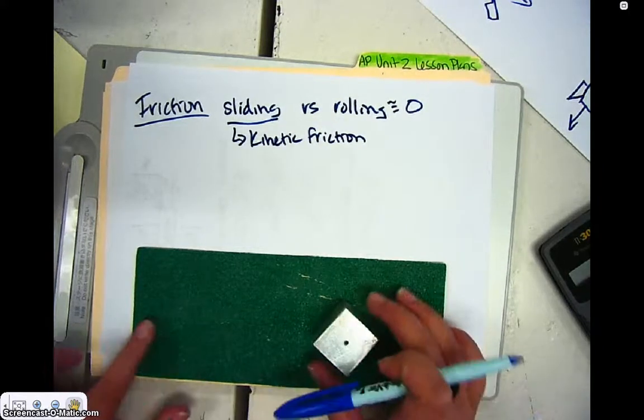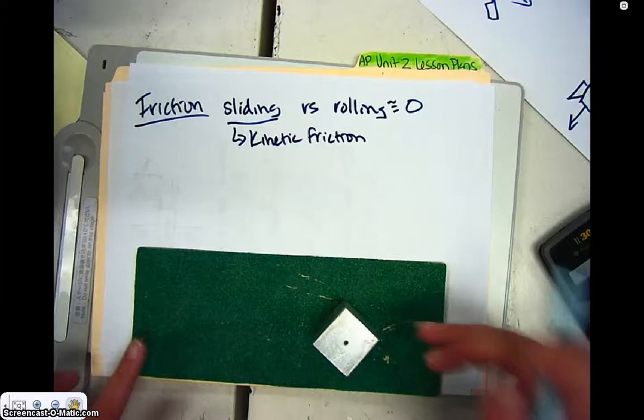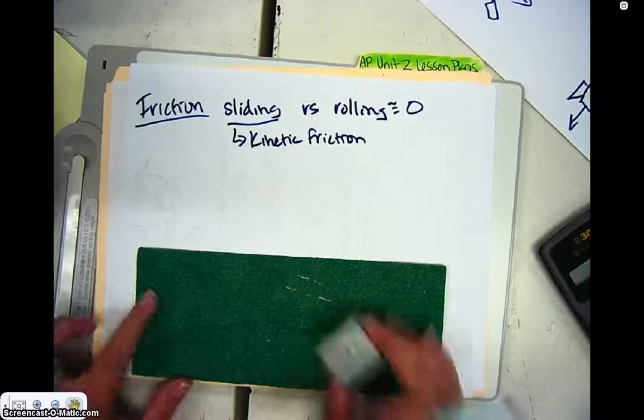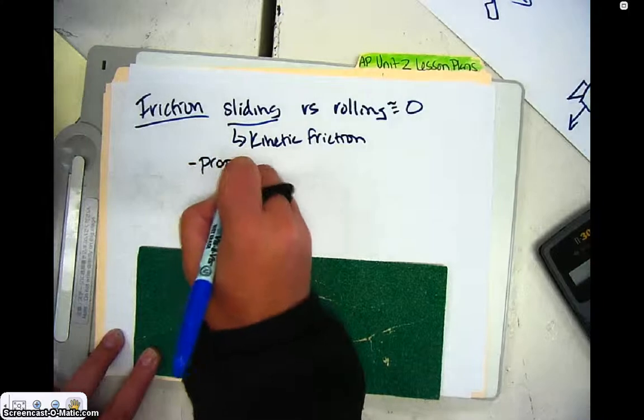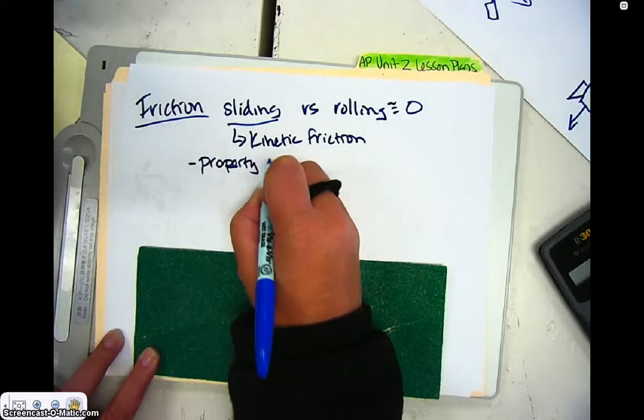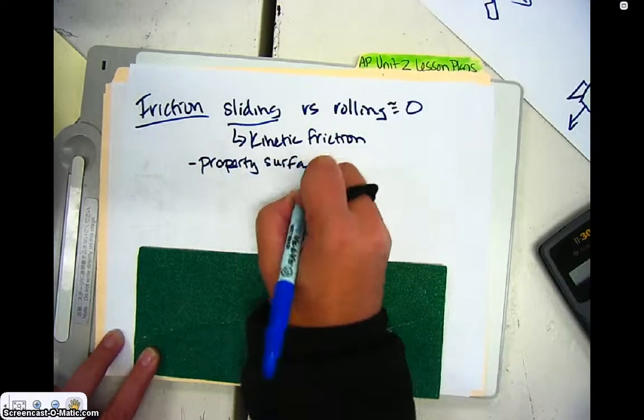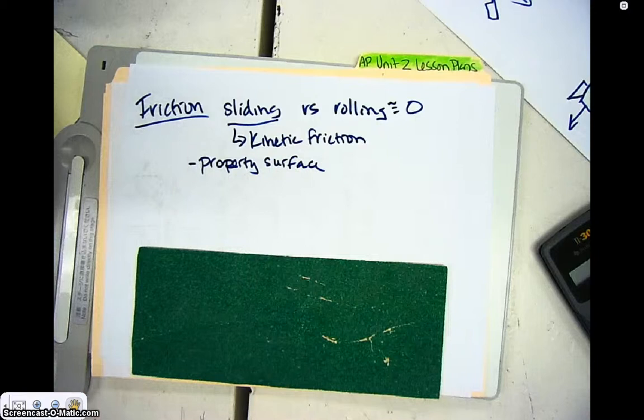So friction must have something to do with the property of the surface, or both surfaces as they run past each other.